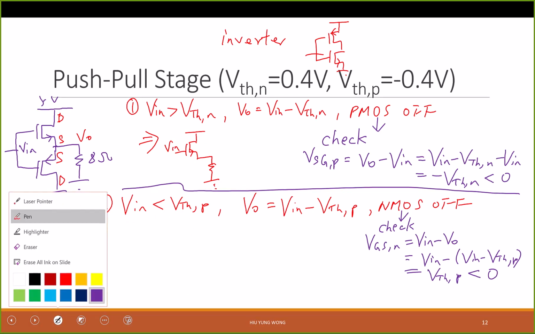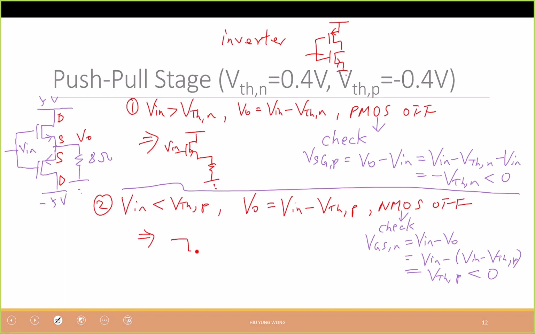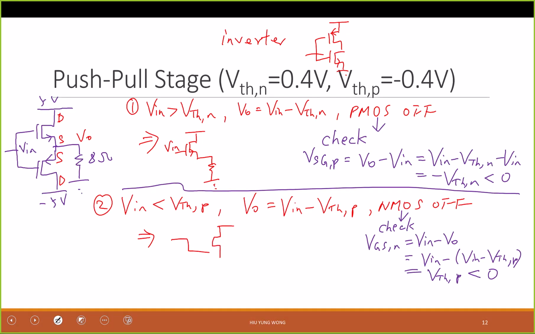So again, I can draw the circuit as something like this. Looks very weird, but it is correct. Difficult to draw.